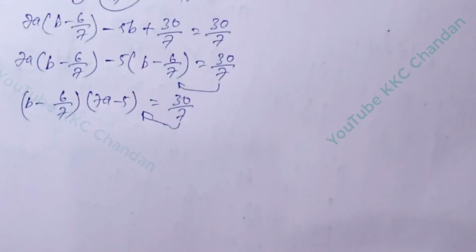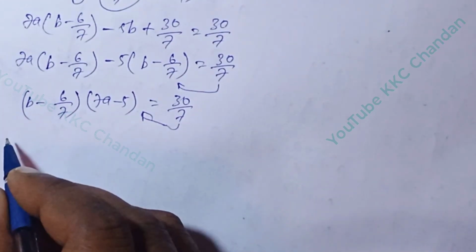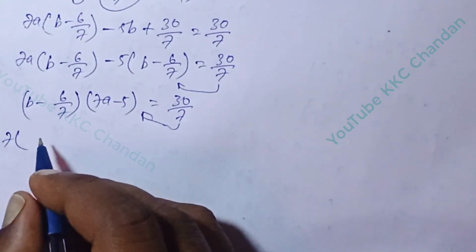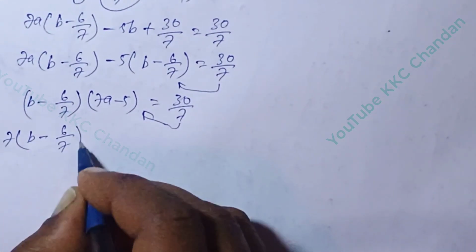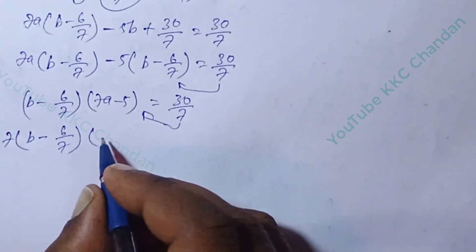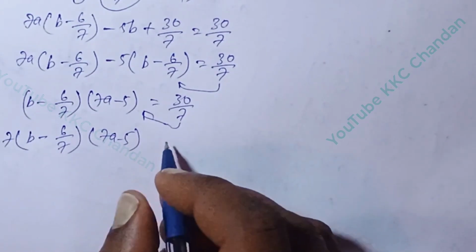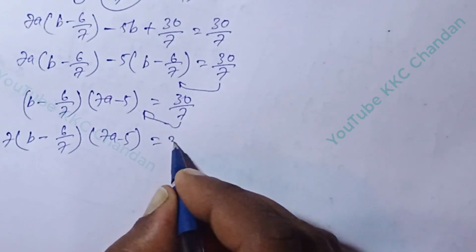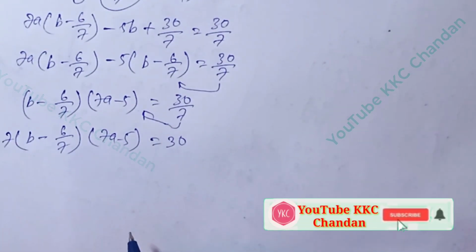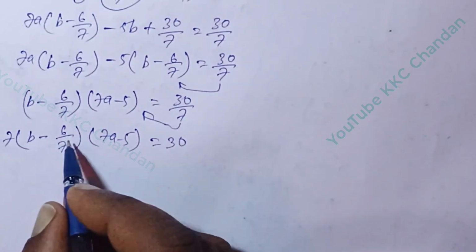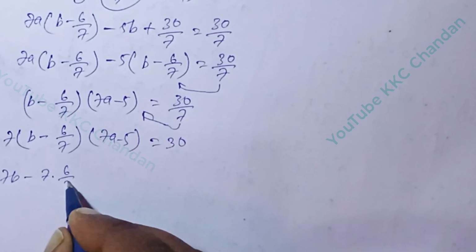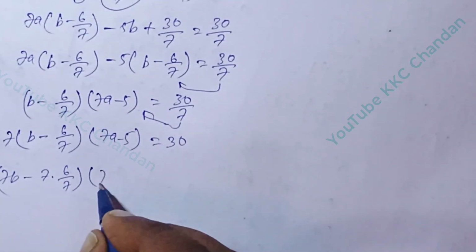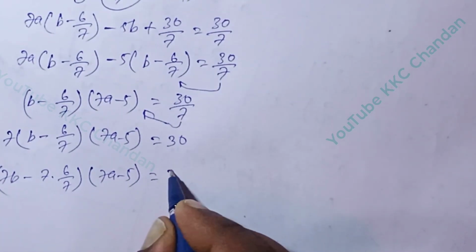Next step, this 7 comes to this side: 7 bracket open, b minus 6 divided by 7 bracket close, again bracket open, 7a minus 5 bracket close is equal to 30. 7 multiplied with this: 7b minus 7 into 6 divided by 7, again open, 7a minus 5 bracket close is equal to 30.